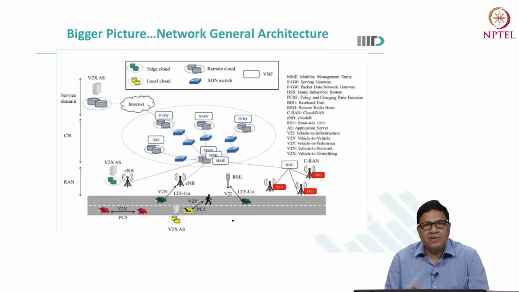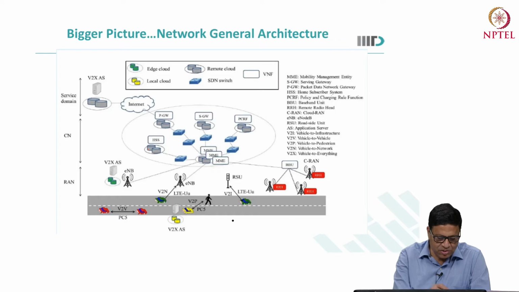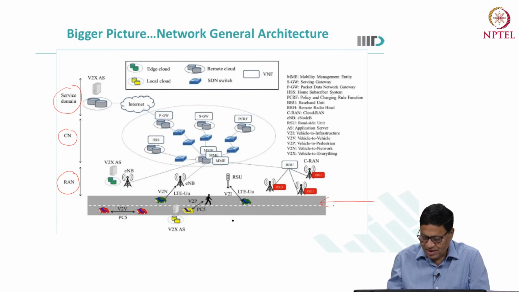This is a bigger picture of how this information is processed at different levels in the network. So if I divide the whole network into three main areas: remote access network, core network, and service domain. All the information which is collected in vehicle to vehicle communication, some is processed in this layer itself by the V2X application server.